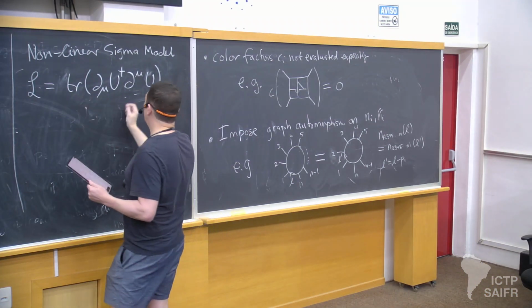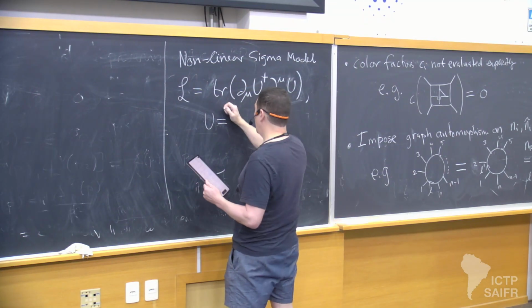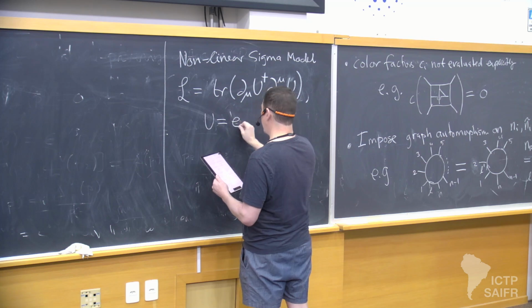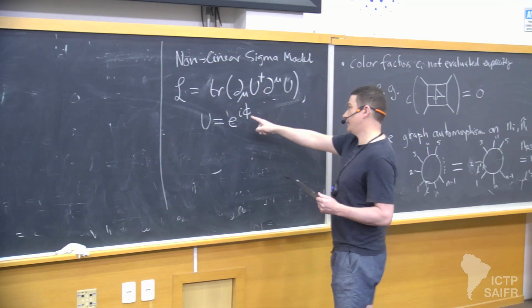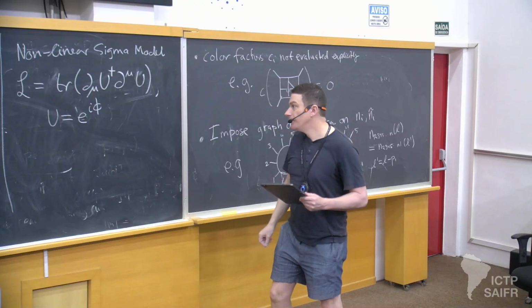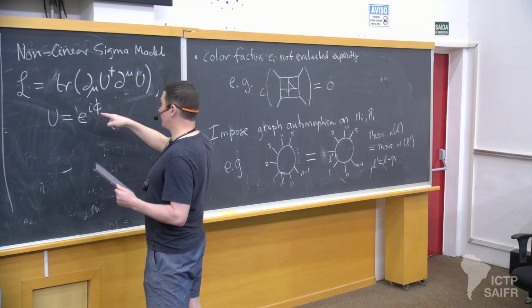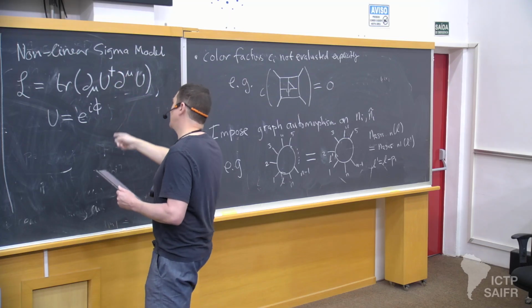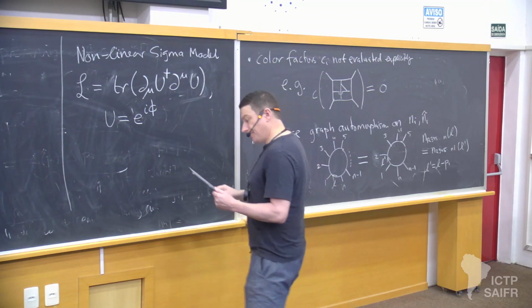U here is a unitary matrix field, which you can always parameterize as e to the i phi, where phi is a Hermitian scalar. And so this dagger here is basically the inverse.